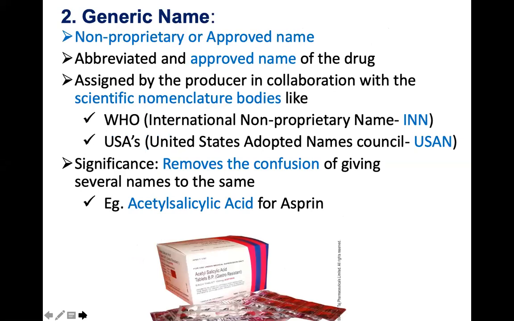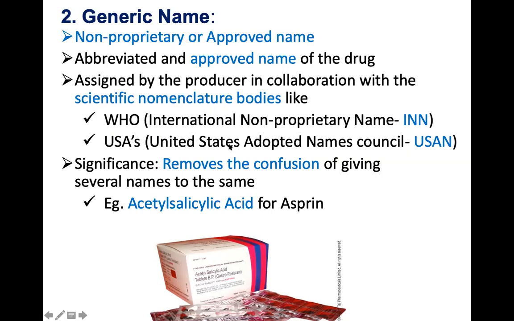Second is the generic name of a drug. The generic name is an approved or non-proprietary name, but it came into existence when the producer collaborates with certain scientific nomenclature bodies such as WHO. In the WHO, it is the International Non-Proprietary Name (INN) to classify these drugs, and in the USA, USAN.